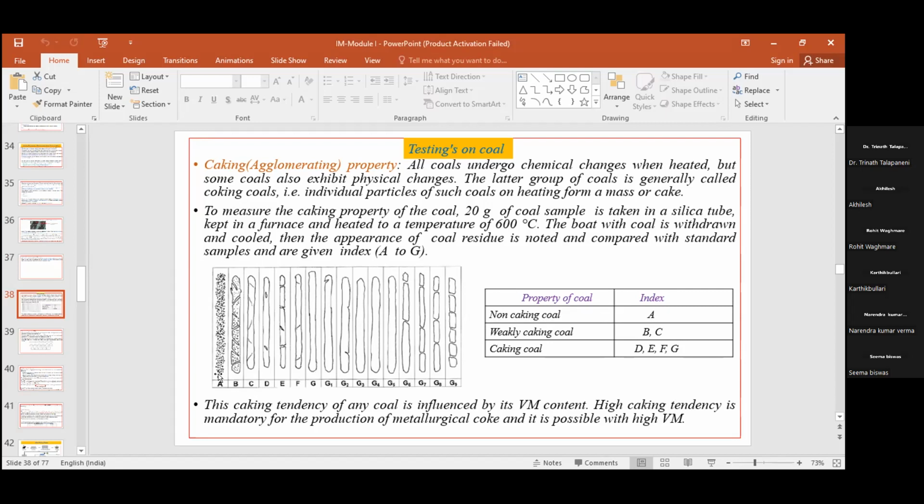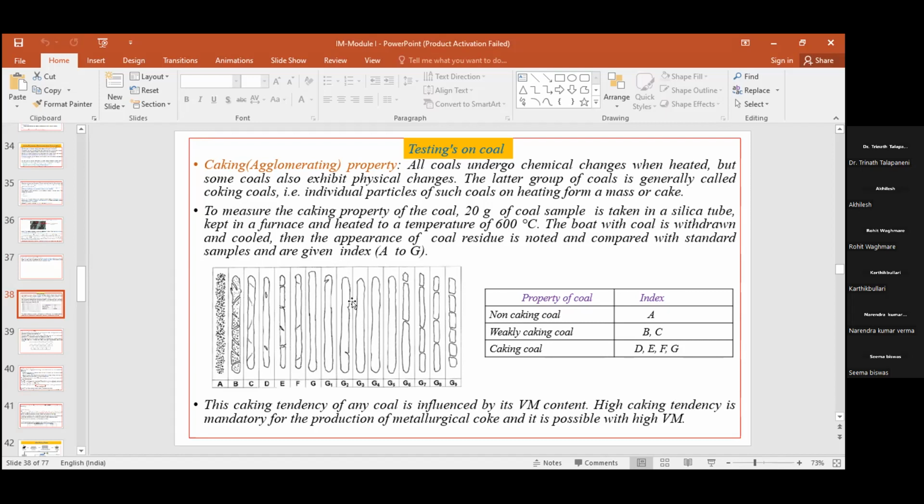There is no agglomeration, no caking tendency. Similarly, you can see in B grade and C grade, here also to a certain extent they have partially agglomerated. But from the D series onwards, you can see the coke particles are perfectly agglomerated and form a single solid mass.